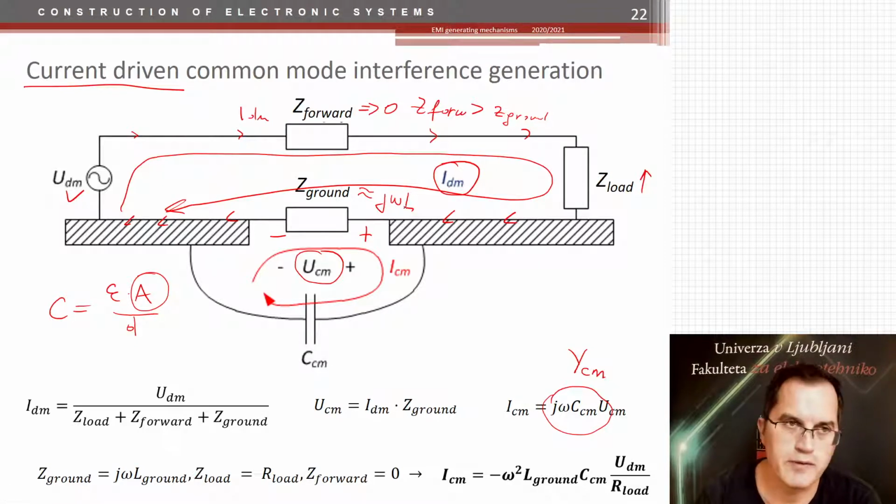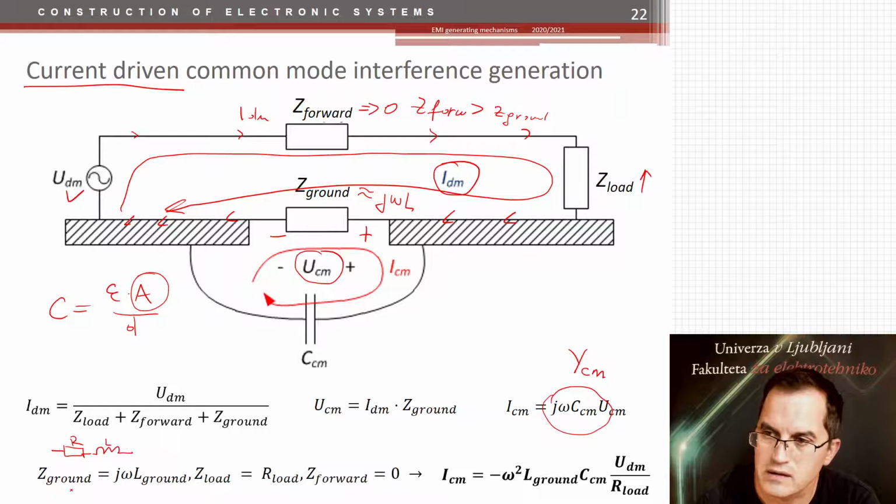Now, if we simplify that a little bit, we say, okay, here on the ground, we are mostly discussing the inductance of the ground. Why is that? Because usually every line on the circuit can be represented by at least a resistance and inductance.